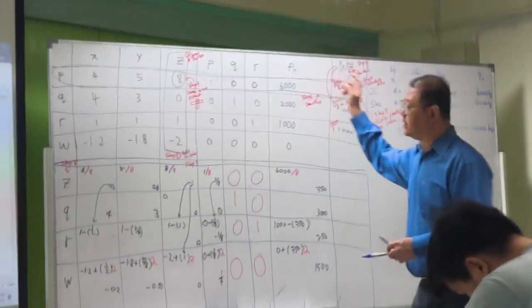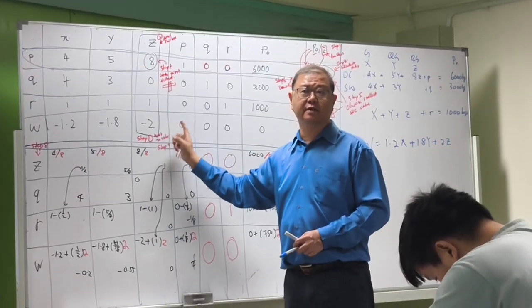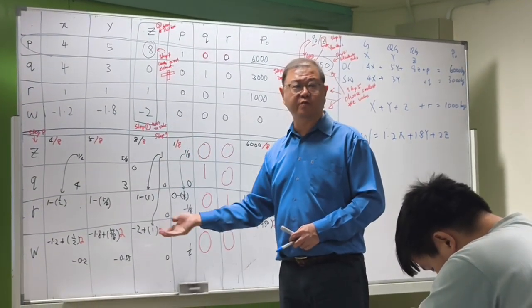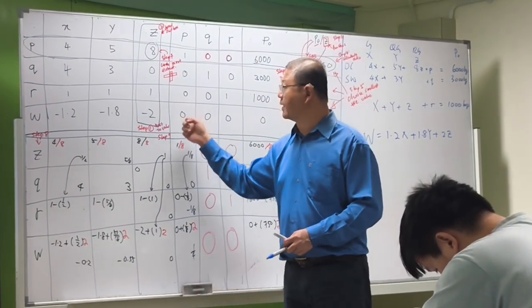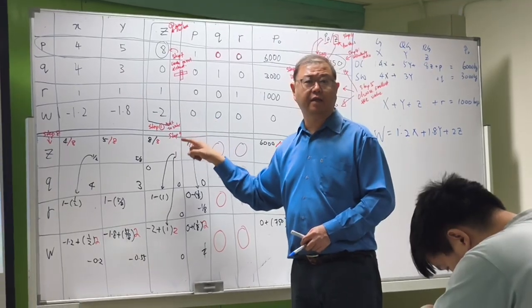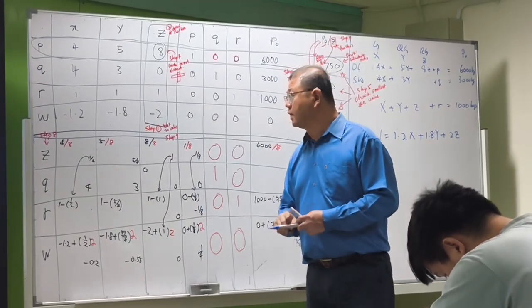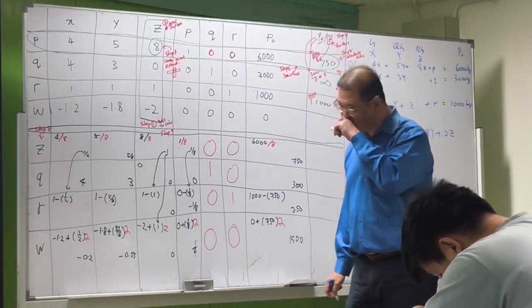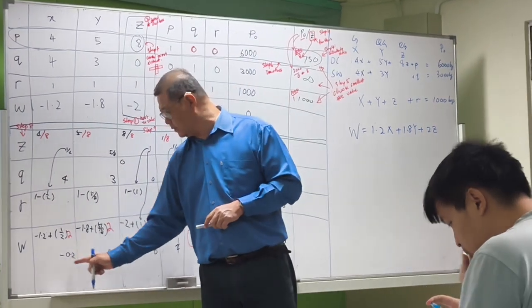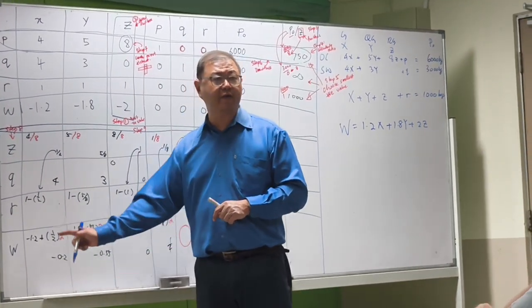To the next iteration, you come back to this step. Before you move on to the next iteration, you come back to step 1. Step 1, identify the most negative value. So now you have 2 negative values here. Which one is more negative?